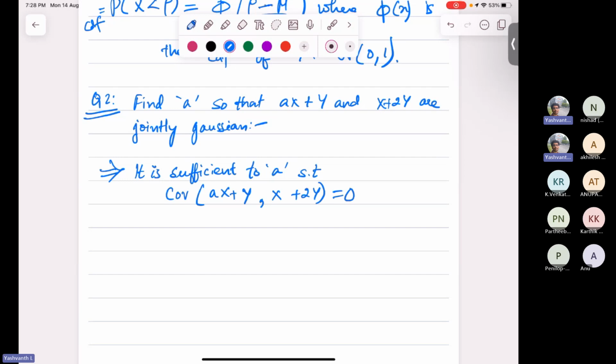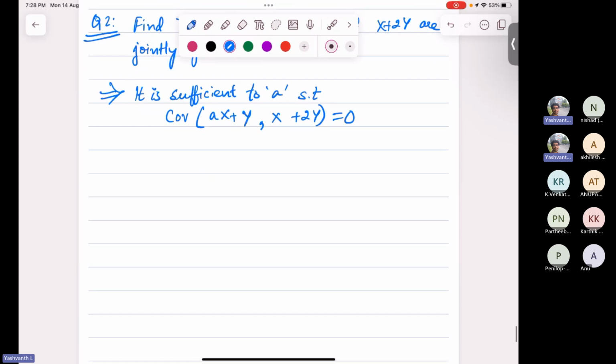Because I know that they are jointly Gaussian, if I just prove that the covariance is 0, then they are also independent. Now we will prove that.